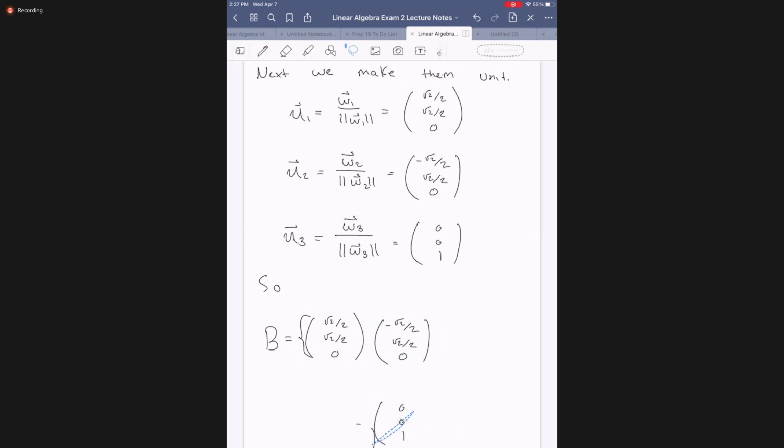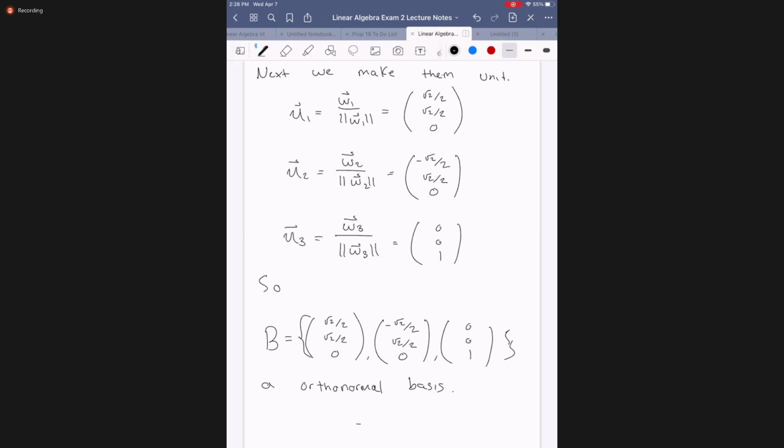And so this is now an orthonormal basis. Okay. I mean, this is just the process of how you do it. It's literally just step by step. This is what you do, right?